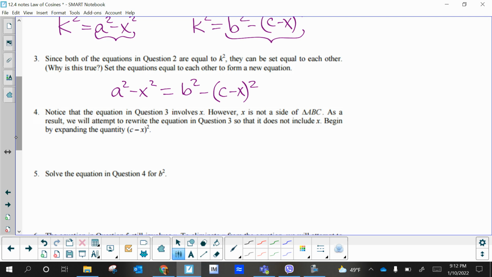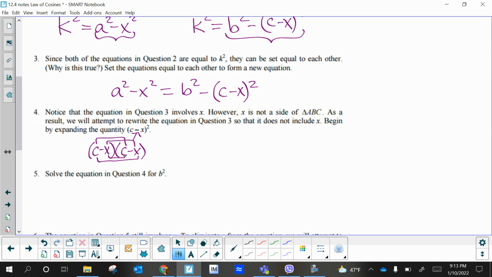Okay, so it says begin by expanding c minus x squared. Okay, so there, we're going to do the FOIL method. So we're going to expand that. So we're going to write c minus x times c minus x, because that's what that means. And so then we're going to do the FOIL method, or you can call it the distributive method. We're going to multiply that with that, and that with that, and this one with that one, and these two right here.